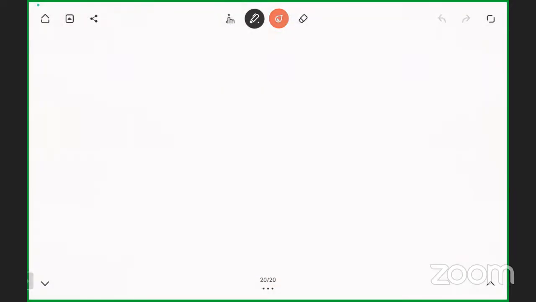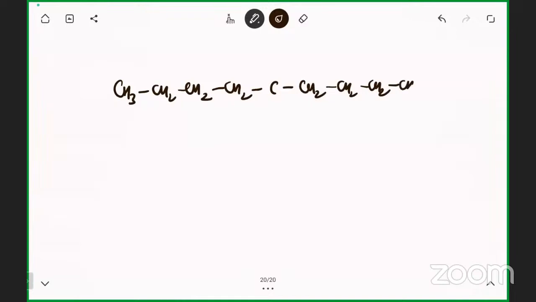Okay. One more example, let's take. Just because this is the complex one, we have to do this. So I'm writing one more example. CH3, CH2, CH2, CH2, C, CH2, CH2, CH2, and then CH3. Here C, CH2, CH3, then CH3 here, CH3, here CH2, CH single bond, CH3, then CH3.